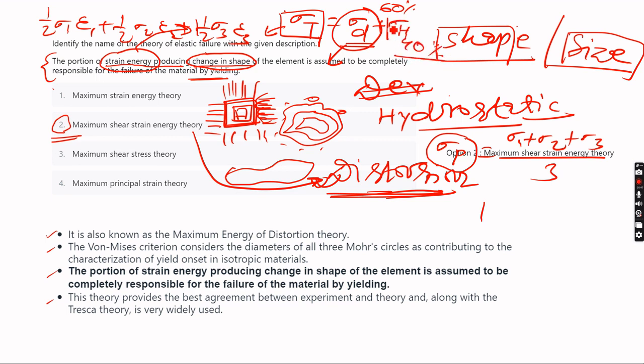If you subtract one part from the total, you will get the other. This is the easiest way to get the distortion energy. What is the value of distortion energy? You can try that derivation, and I will give you some hint.